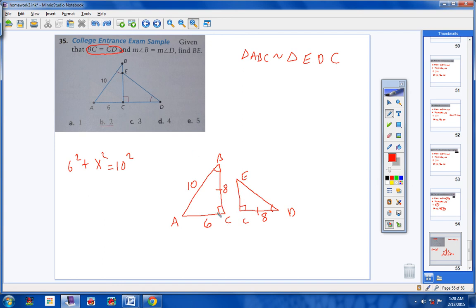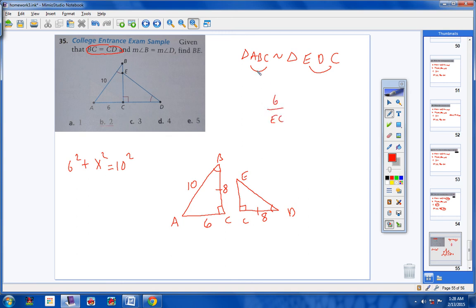So what do we got here? Let's go ahead and line some things up here. AB corresponds with ED. I'm trying to solve for EC, so EC corresponds with AC. So I'm going to say AC is 6 over EC, okay?